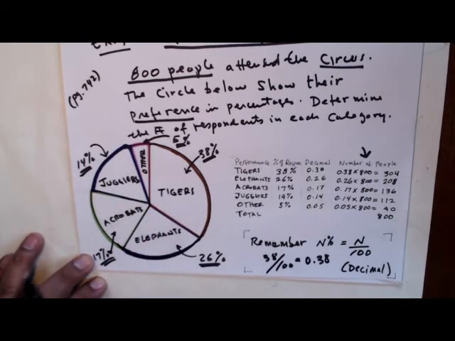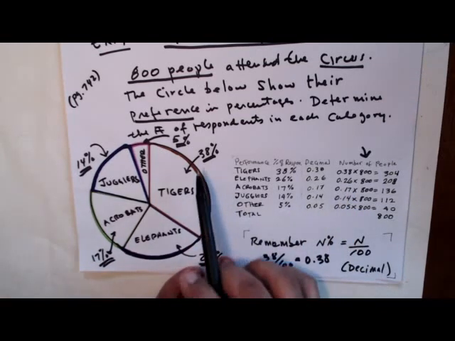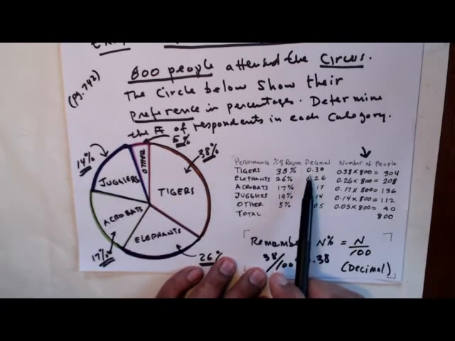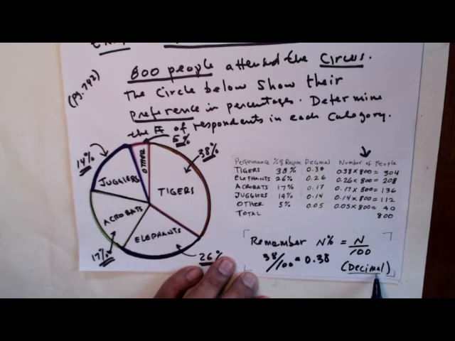And now to calculate how many people, like the tigers for example, we need to do the following calculation. We know it's 38%, we turn it into a decimal. Remember, to turn a number into a decimal, basically you divide it by 100, and that will give you the decimal form. This is the decimal form that you will use to calculate how many people.